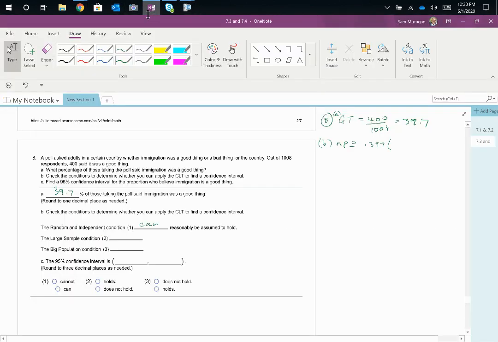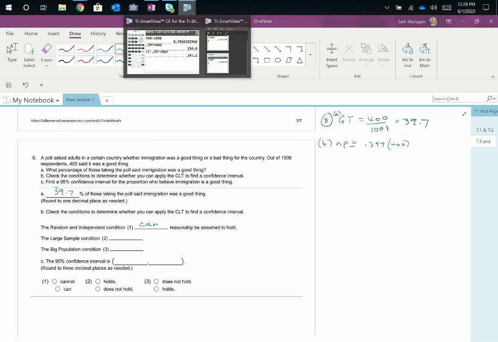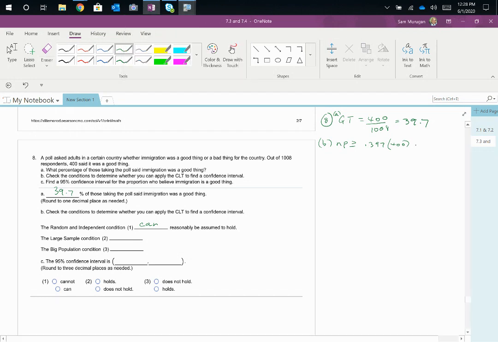So in both cases we're getting numbers around 158. Let's say this is 159. And then n times 1 minus p. Sorry, this is equal to, not sure what I did there. 0.397 times, this is not coming out right.